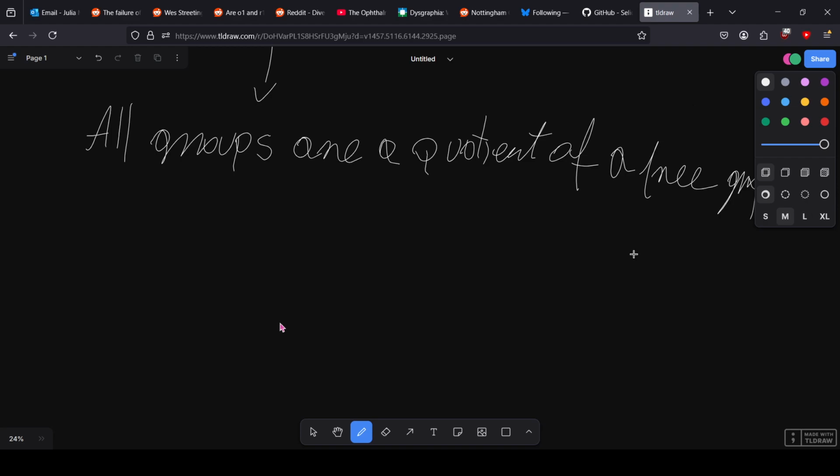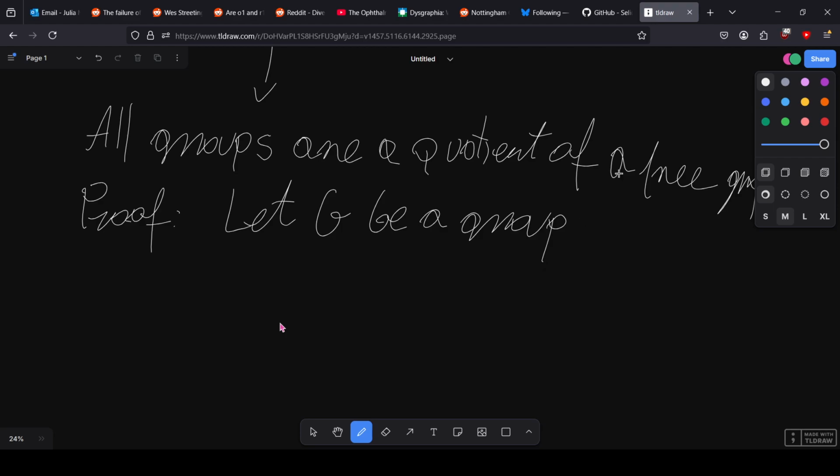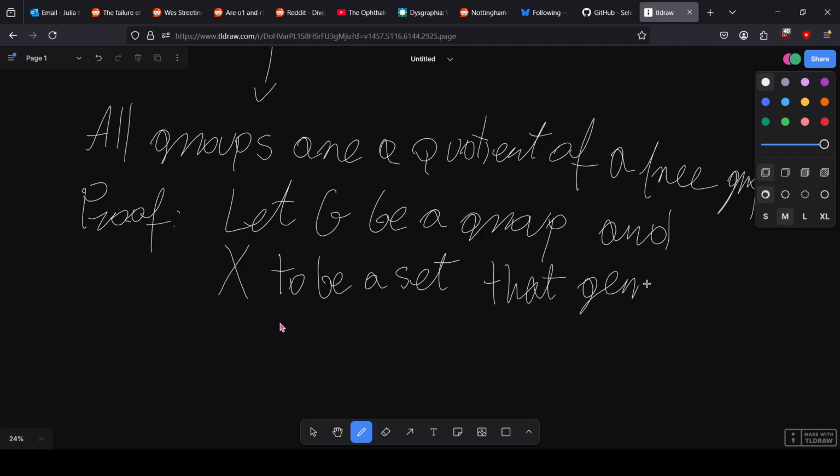So, the proof of this goes as follows. We let G be a group, and we let X be a set that generates G. So X generates G.